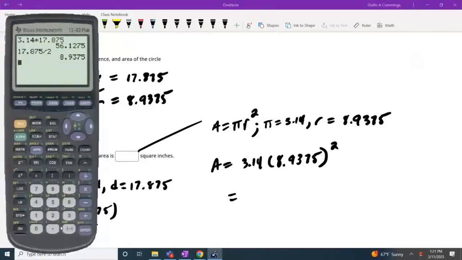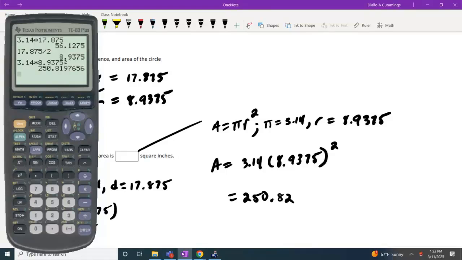And if we put that all in the calculator, 3.14 times 8.9375 squared, we have 250.82, and since we're talking about area, square inches.